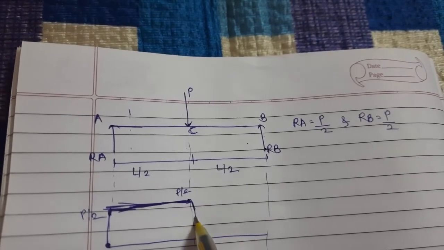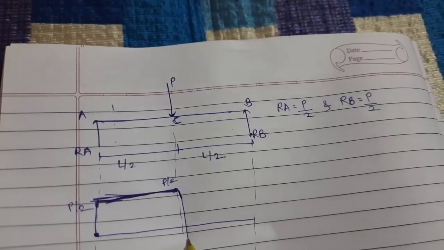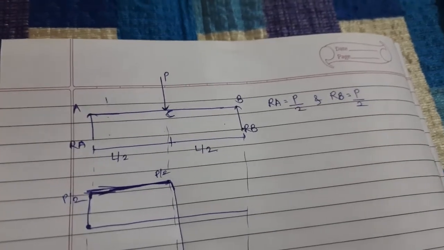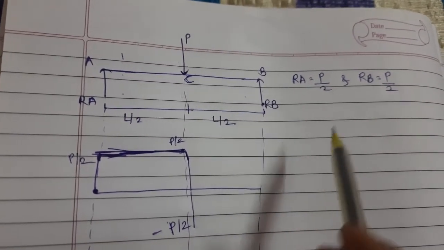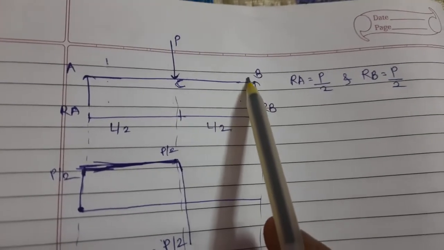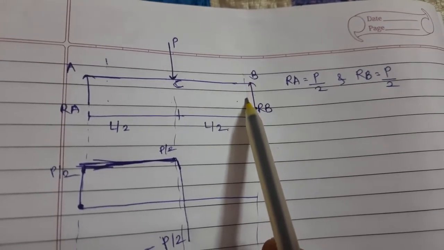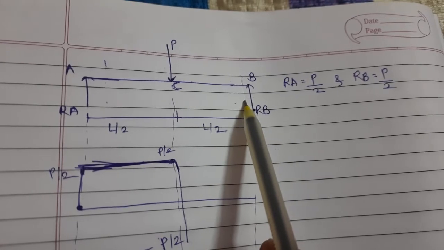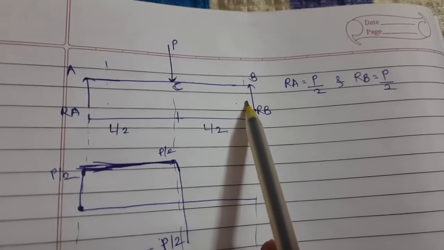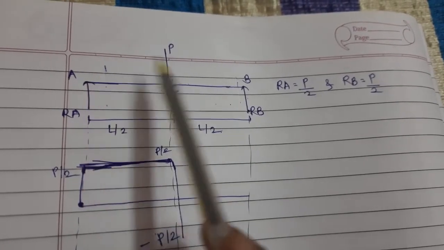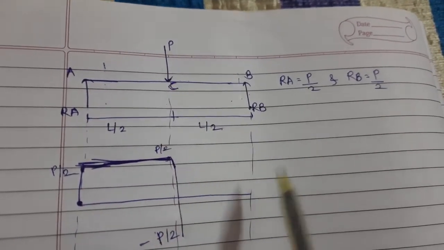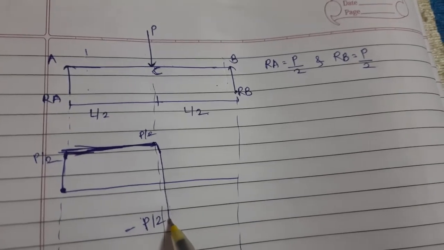Hence we get minus P by 2. Now, if we take a section at the left side of point B, what do we get? Same value, RA and P, and we get this minus P by 2.